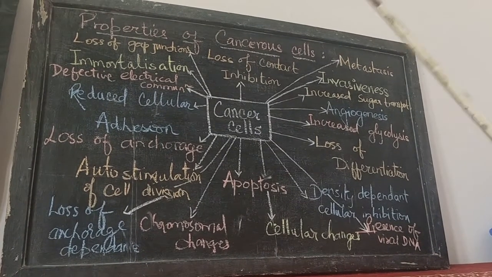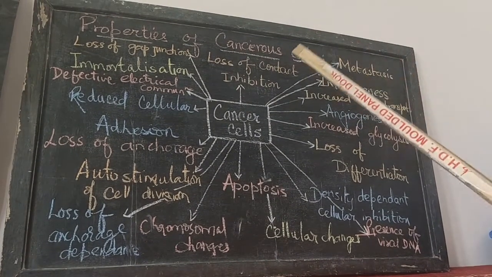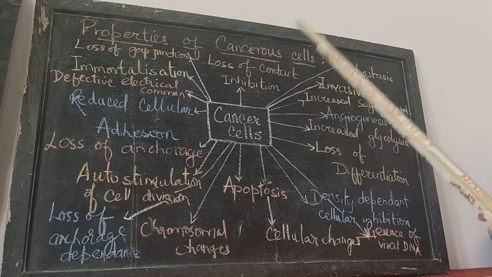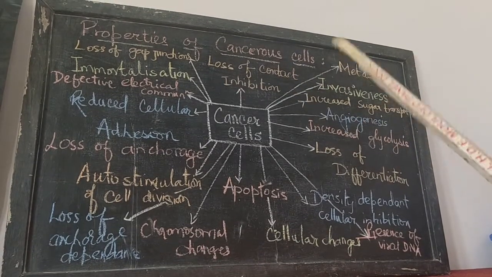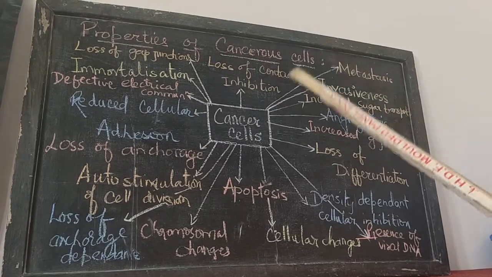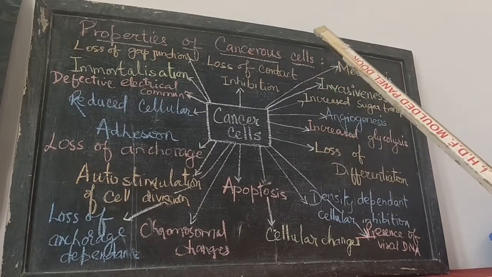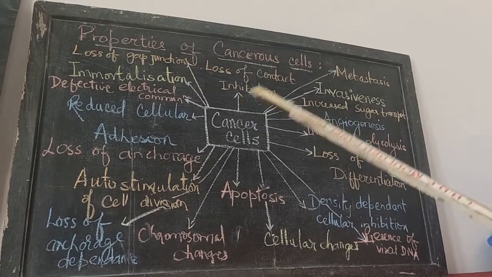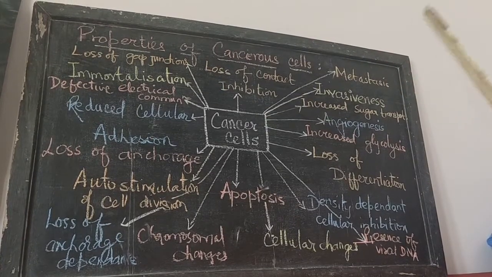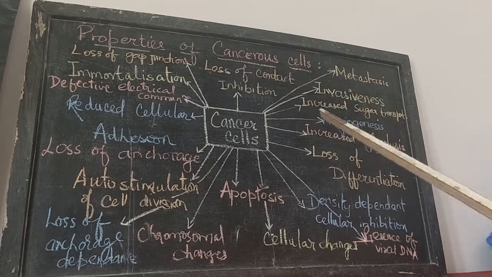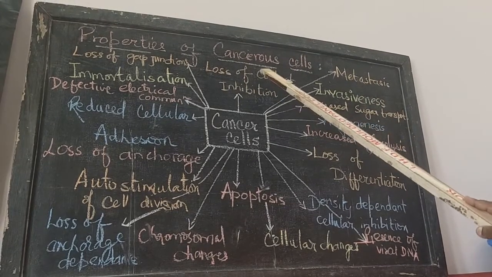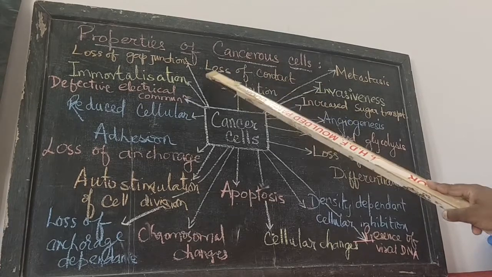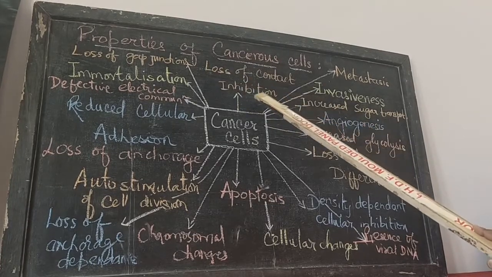In case of cancerous cells, even after two cells come in contact with each other, no electron signals are produced, thereby the division continues for the cells, and this rapid division of cells even after contact is called loss of contact inhibition.